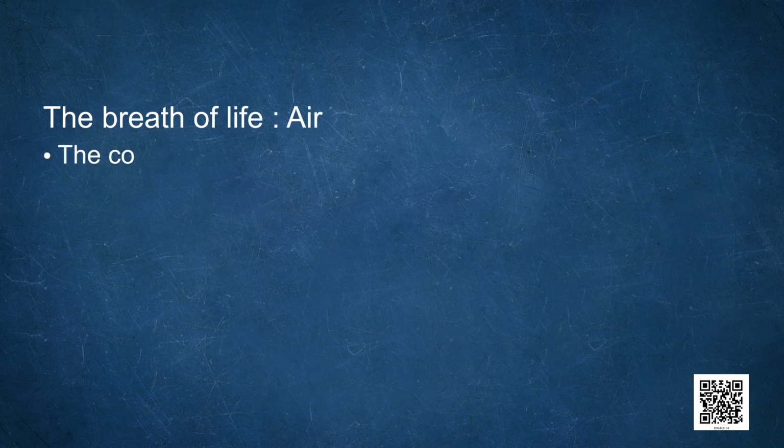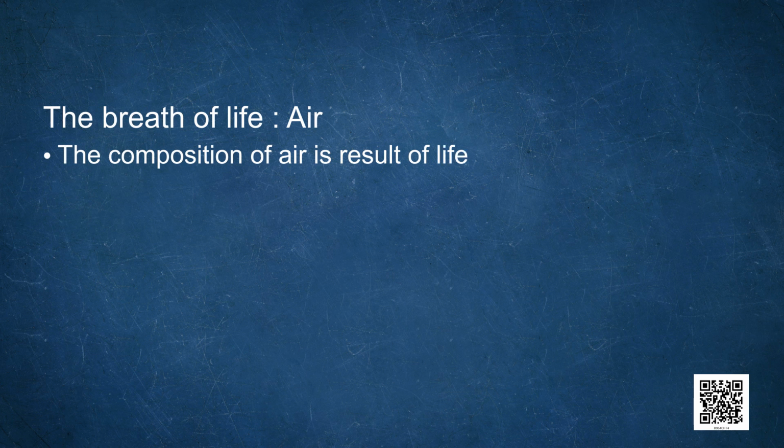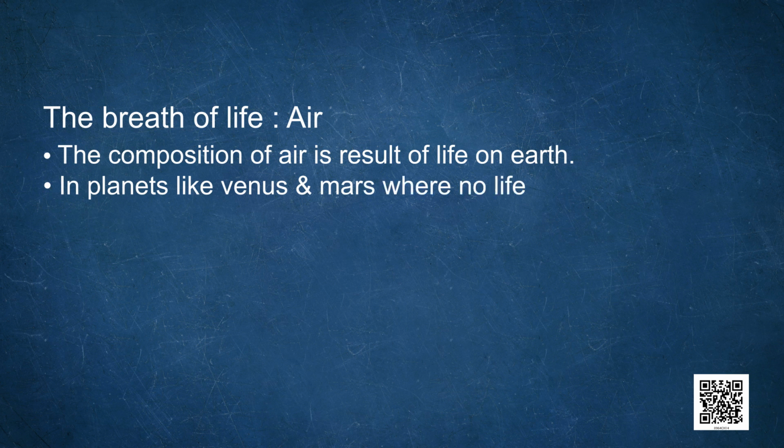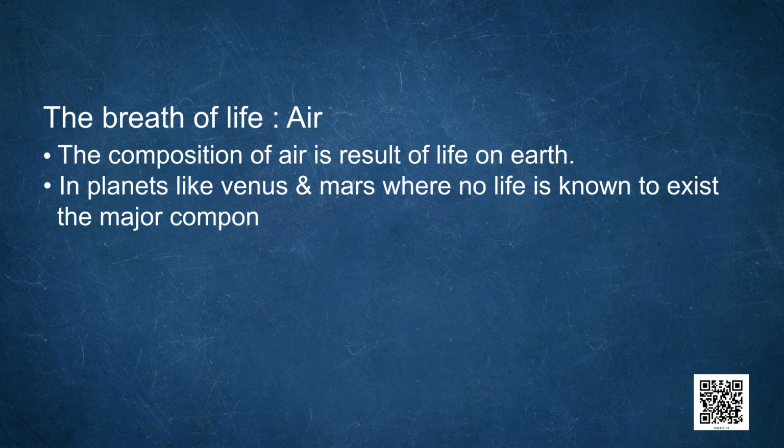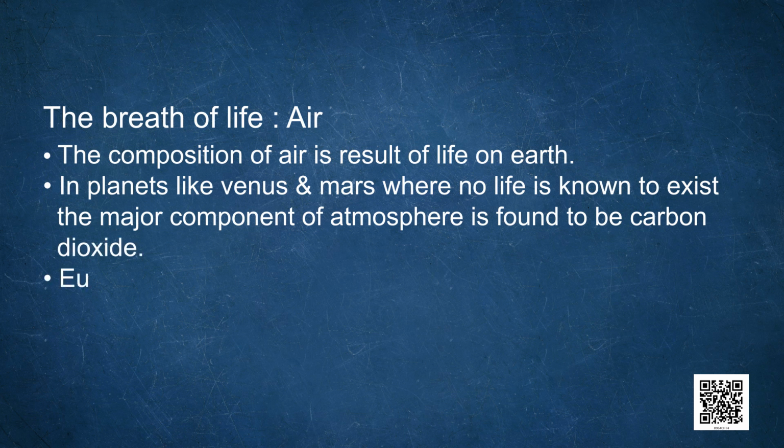The breath of life, air. It is interesting to note that even the composition of air is the result of life on Earth. In planets such as Venus and Mars, where no life is known to exist, the major component of the atmosphere is found to be carbon dioxide.